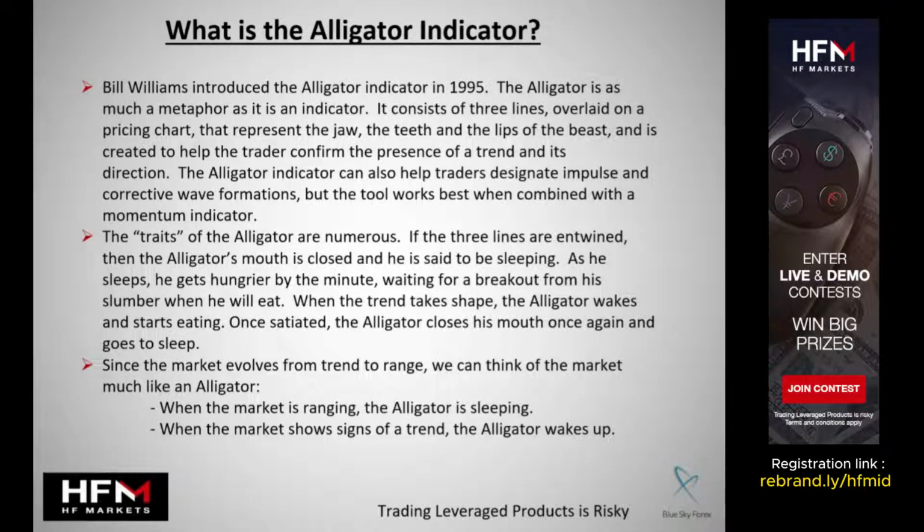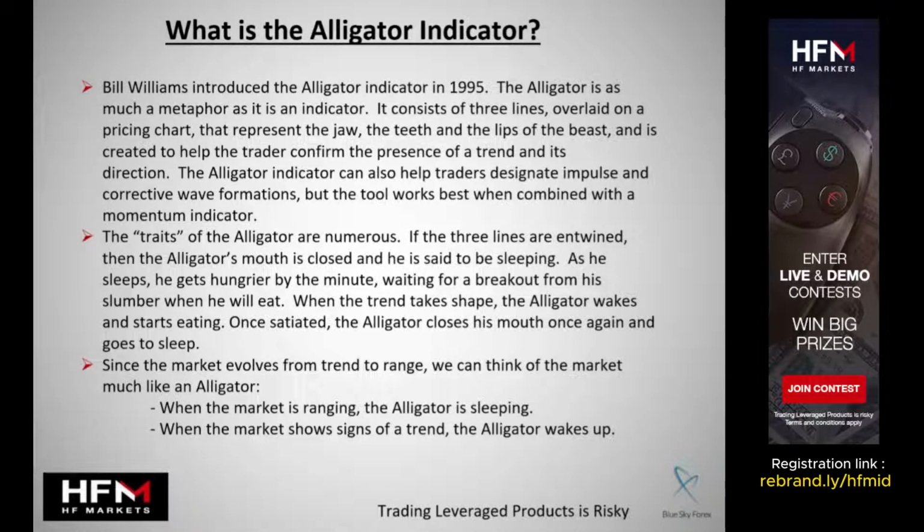Now, the Alligator, its name is also a metaphor, and this is because it simply consists of 3 lines. So it's not a one-line indicator. And those 3 lines, like moving averages, are overlaid on the pricing chart itself.